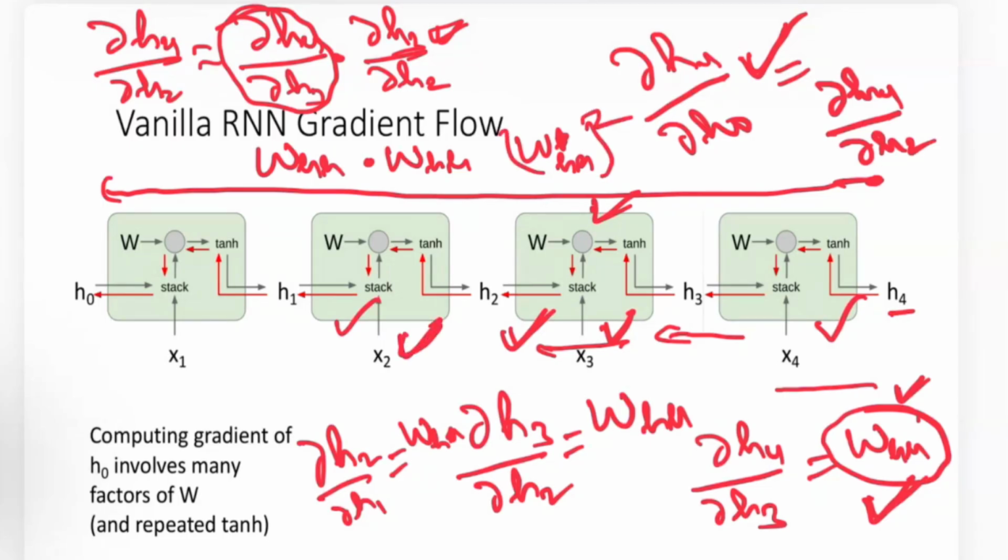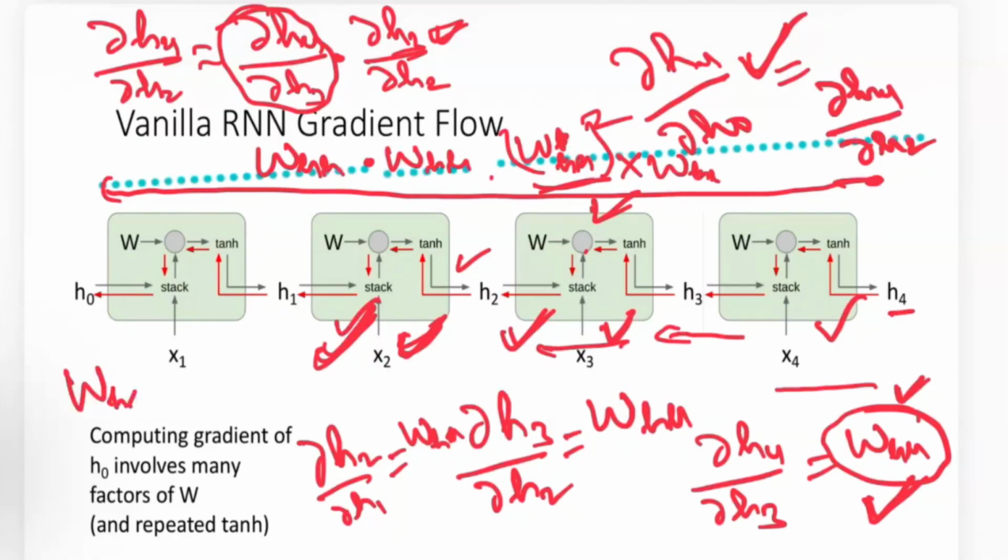If I am here and ask what is the gradient of del H4 with respect to del H1, again the upstream is this and one local gradient will be here, that is W_HH. So W_HH into W_HH into W_HH gives you W_HH to the power 3. So every time, the power of the gradient is getting increased by 1.